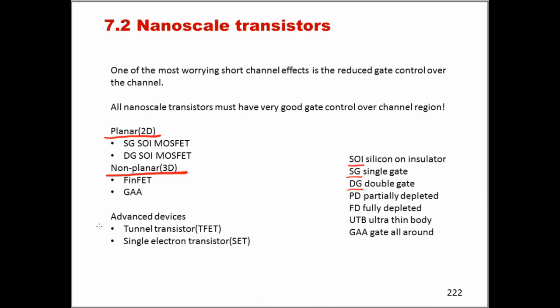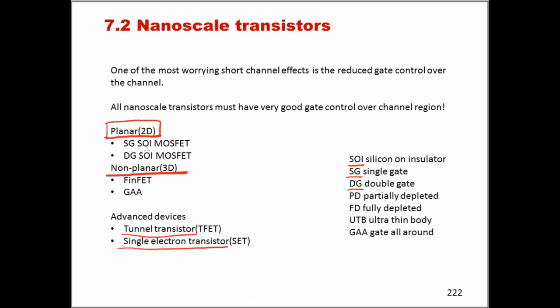We will also have a brief look in a few slides on more advanced nanoscale transistor approaches that are basically related to the tunnel transistor and the single electron transistor. Okay, but let us have a look first at this planar approach.